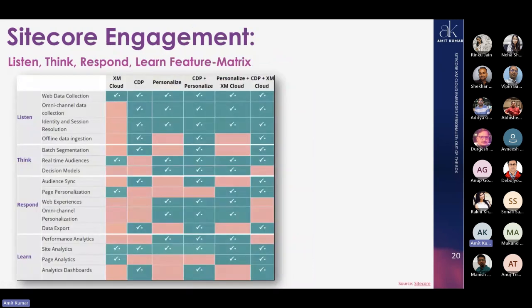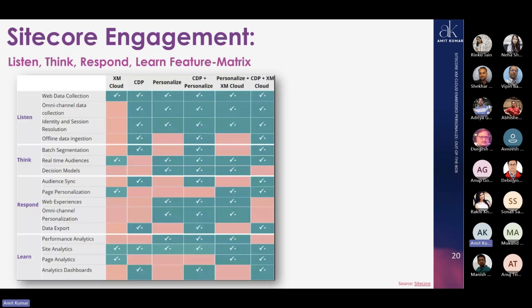So this is one matrix which is very useful, and it will be helpful to decide when you need to go with the embedded personalization, and when you need to go with your CDP and personalize. For example, web data collection. With XM Cloud, when you go with the embedded personalization, you can do data collection from an XM Cloud based website only.